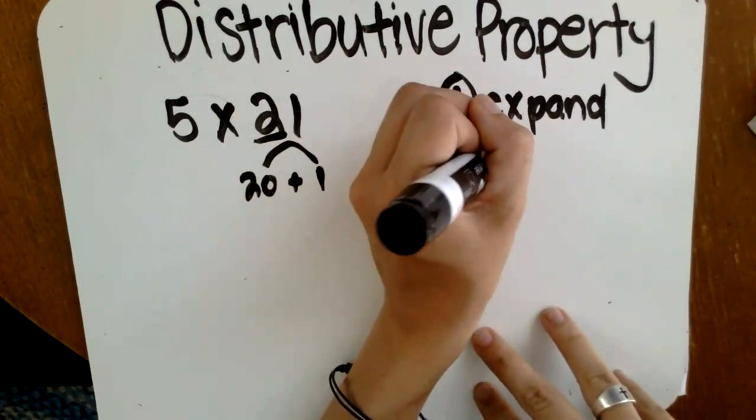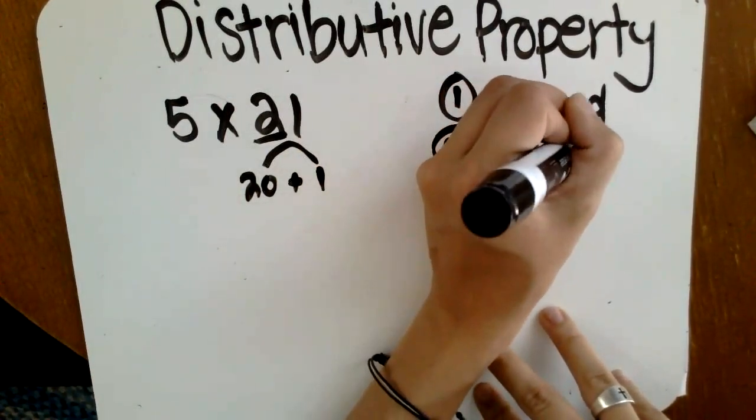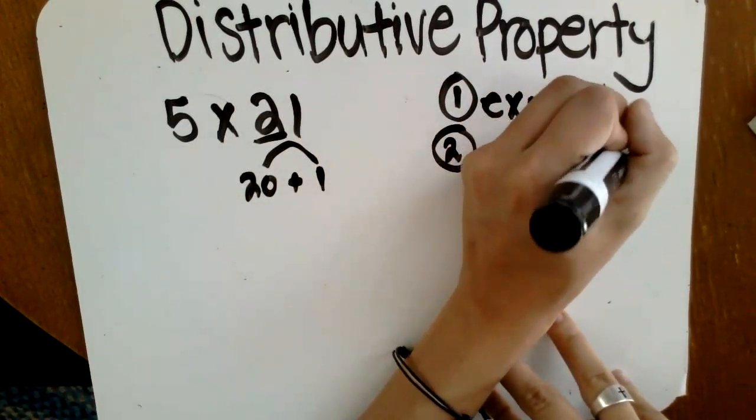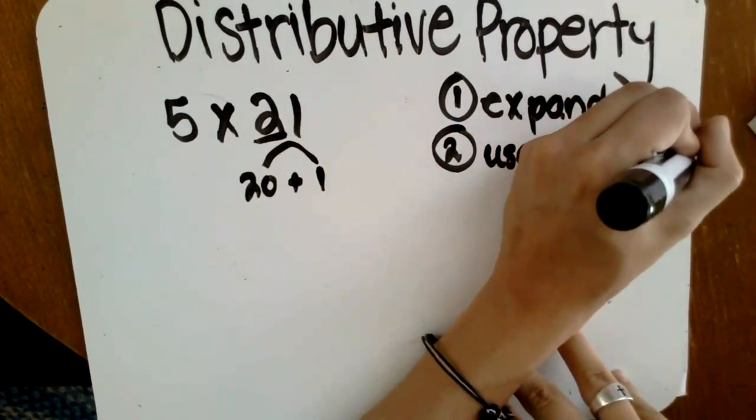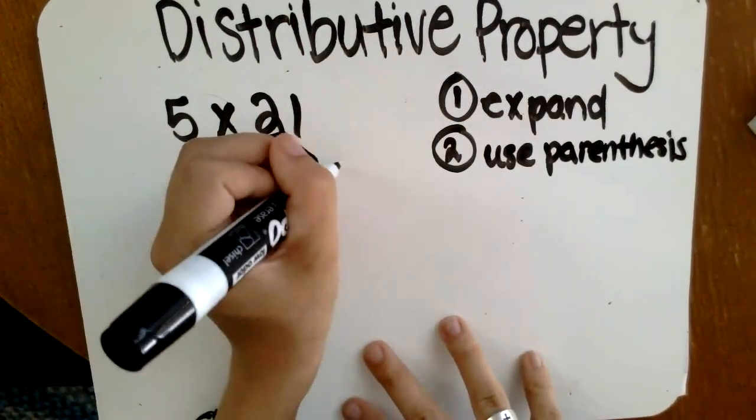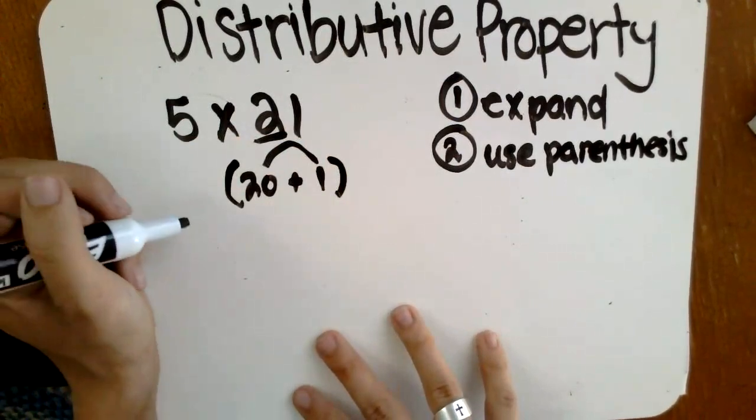Second step is to use parentheses. Those are really important. That's what keeps our problem neat. So I'm going to put parentheses around 20 plus 1.